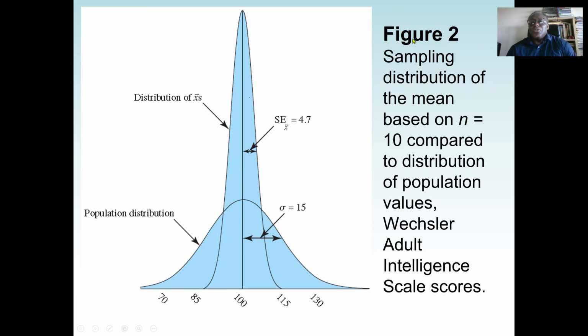Now we can see from figure 2 that the population distribution has a standard deviation that is very wide, very large, 15. But we can see that the distribution of the sample mean is a normal distribution, and its standard deviation is very small, so it's shrinking.